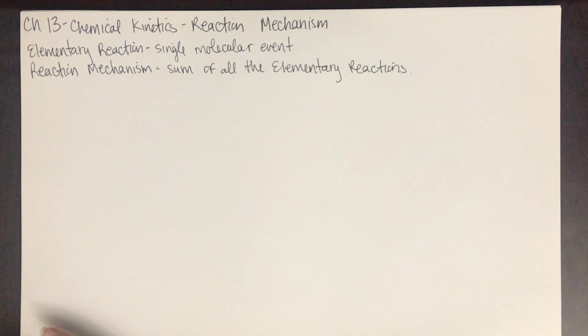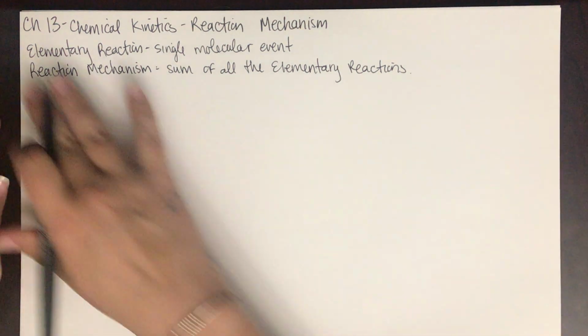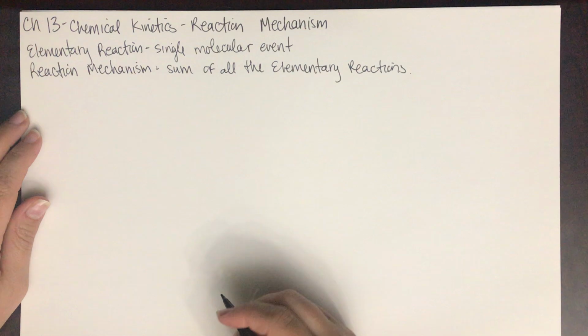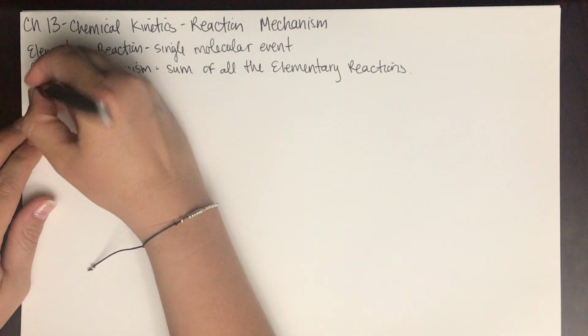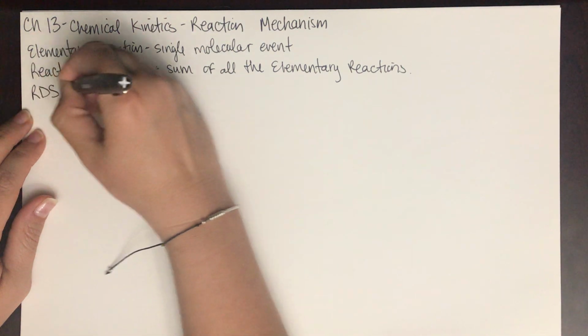Okay, so the overall rate of a chemical reaction is determined by what's called the rate determining step, RDS.